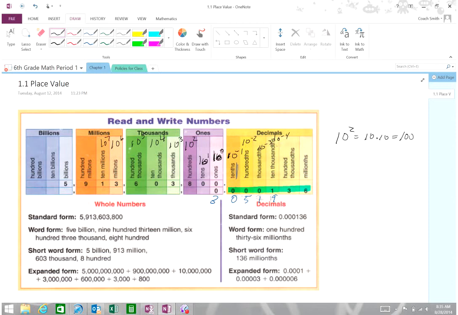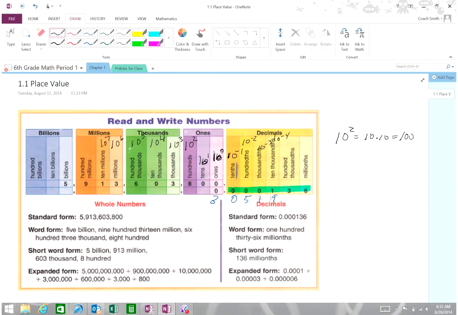And that's why when you get down here, you will notice 5 billion, 900 million, 10 million, 3 million, 600,000, 3,800. So they took each one of those digits and took the number of zeros after it.